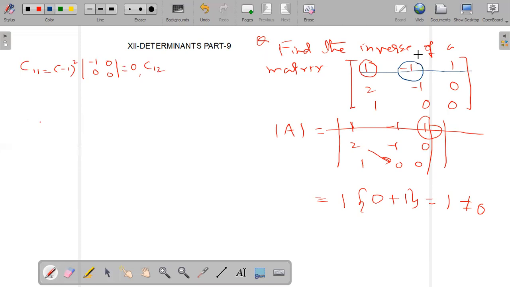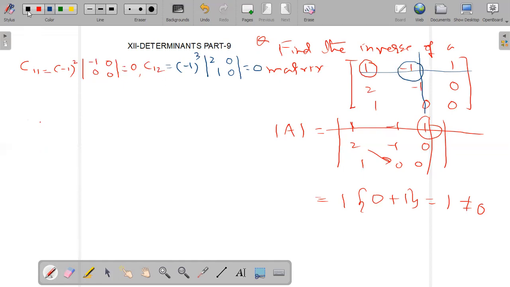Delete its row and column, minus 1 raised to power 3 is negative, and what is left is 2 0 1 0. So 2 into 0 is 0, 1 into 0 is 0, so the negative sign does not matter because it is 0.